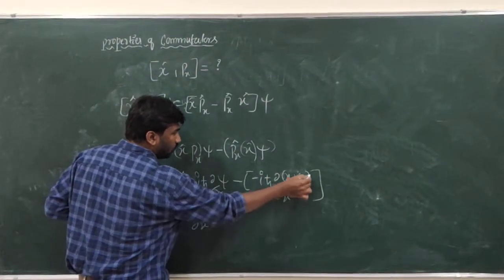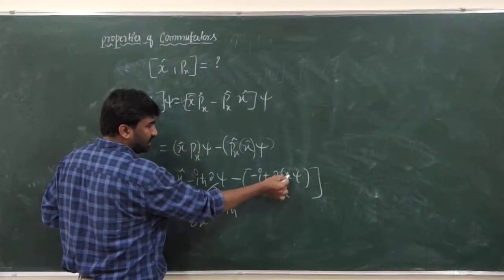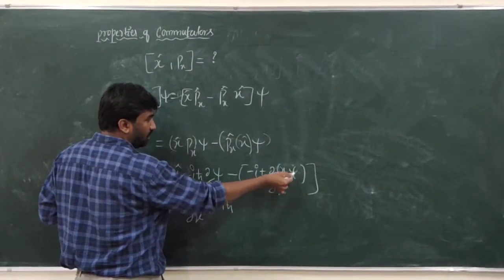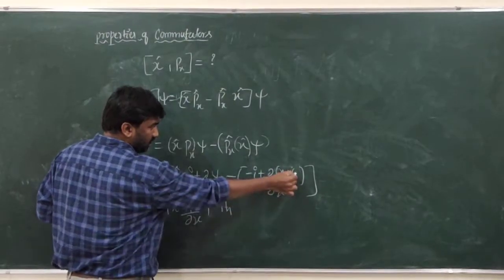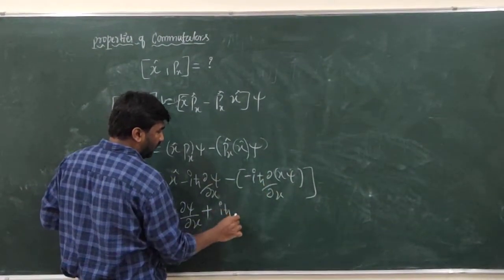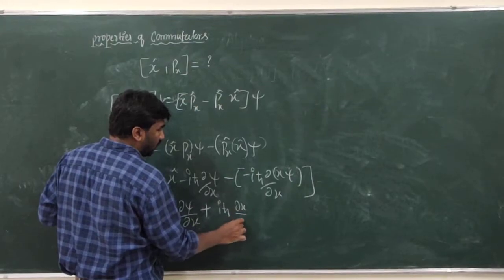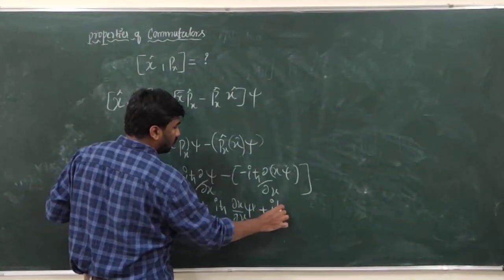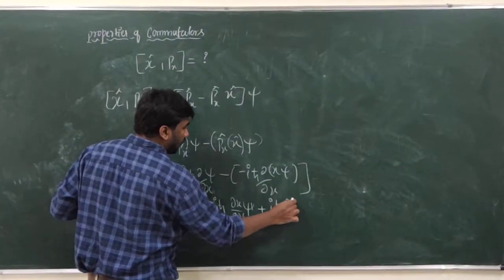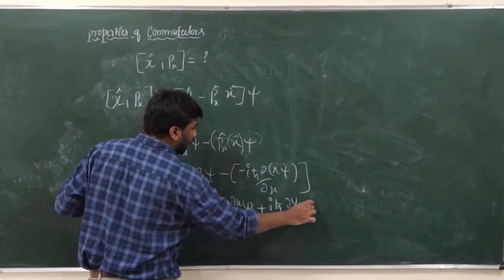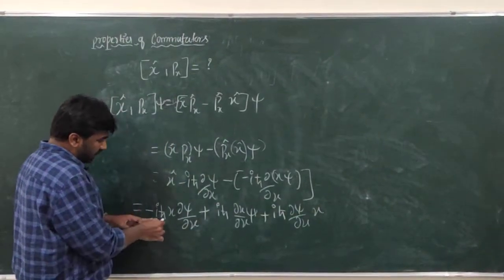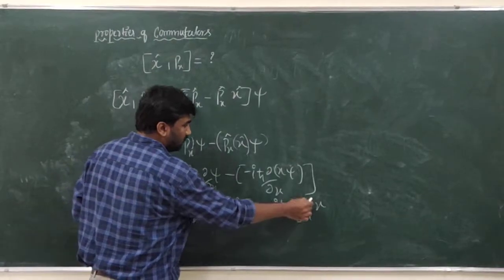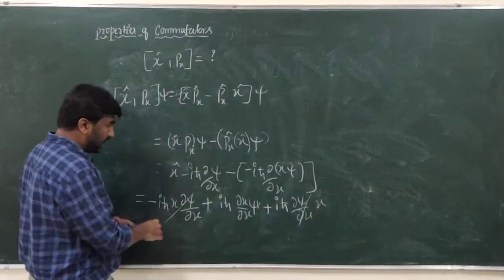By the product rule, we first differentiate the x term, and then the wave function psi. Then we get dx/dx into psi plus i h-bar into dψ/dx into x. So the minus i h-bar x dψ/dx and the plus i h-bar x dψ/dx get cancelled.